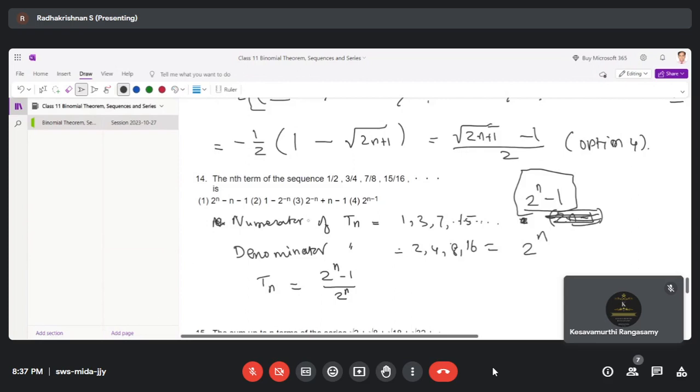Which option does it map with? This can be written as 1 minus 1 by 2 to the power of n, which is 1 minus 2 to the power of minus n. Is there an option like that? Option 2. Okay.